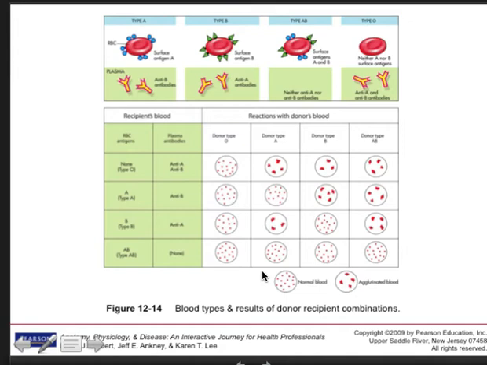However, in most modern facilities where they collect blood for transfusion to use in surgical procedures or out on the battlefield or in emergency situations, they tend to remove the plasma component of the blood and resuspend it in physiological saline, and this reduces the donor antibodies to a minimal amount, and as a result you don't have to worry about the donor antibodies and the recipient antigen because the antibodies are taken out of the equation. So that answers that question.